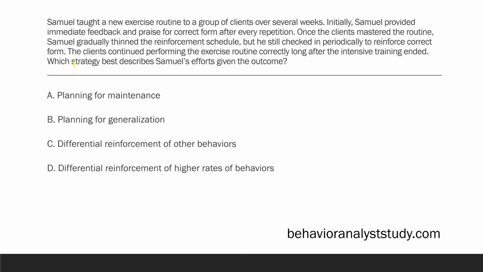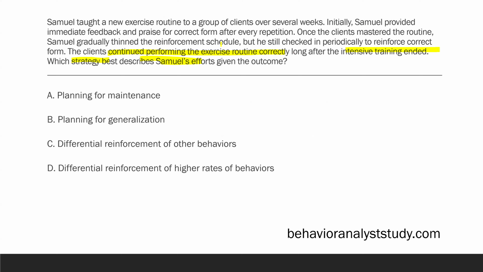Now, we're looking at what kind of strategy Samuel was attempting. And the key here, and it's why we attack the question, because if you read this, the clients continued performing the exercise routine correctly after intensive training ended. Immediately, you should think maintenance. Maintenance occurs when the behavior continues after training is over.